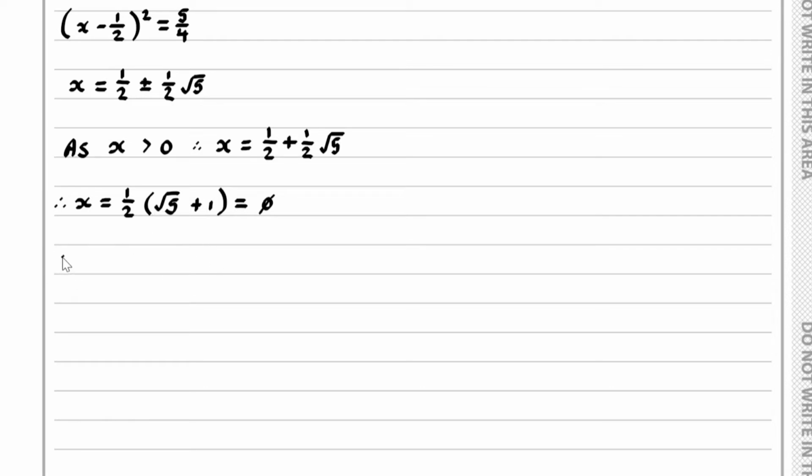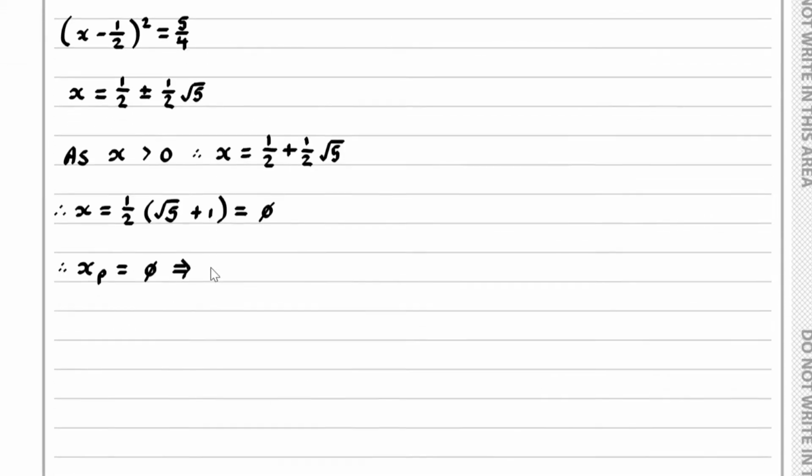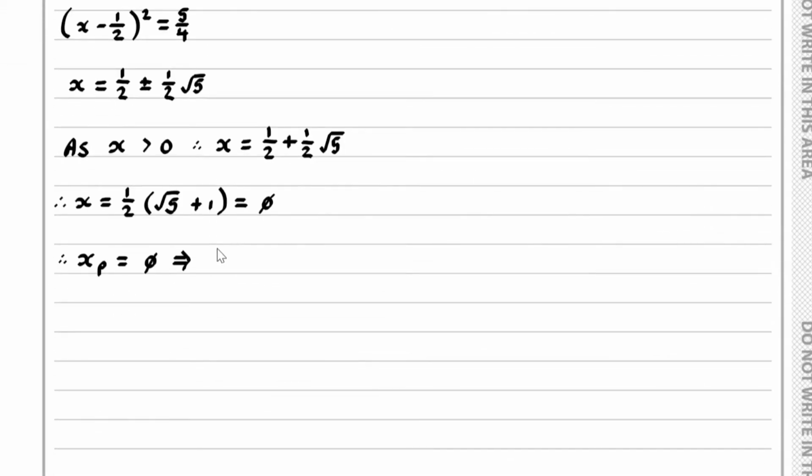So, the x-coordinate of P is phi, which would imply for the y-coordinate, now for the y-coordinate we can substitute back into here, the y-coordinate will be 1/phi. So, knowing what x and y are, we can therefore conclude the coordinates of P, we've got phi and 1/phi.